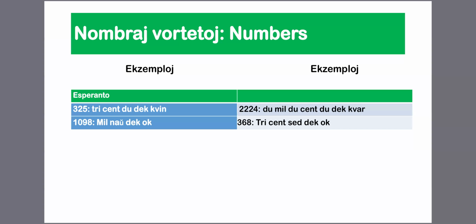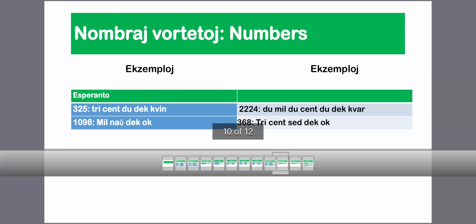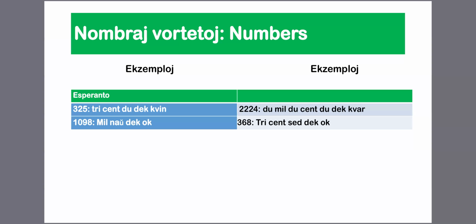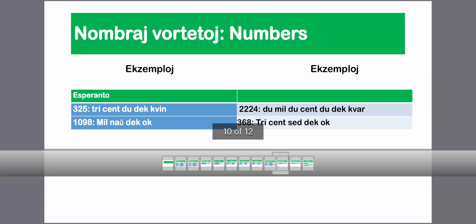So I think you should write down maybe your birth year. If it's 2000, how can we read it in Esperanto? Everyone is going to tell me his or her birth year in Esperanto. Let me start with Aminata.